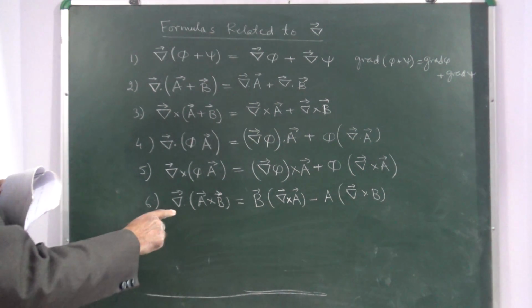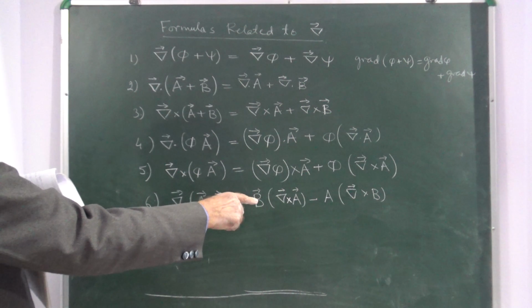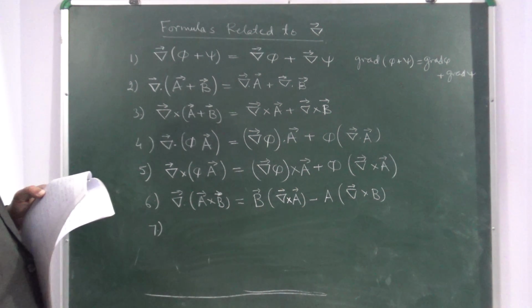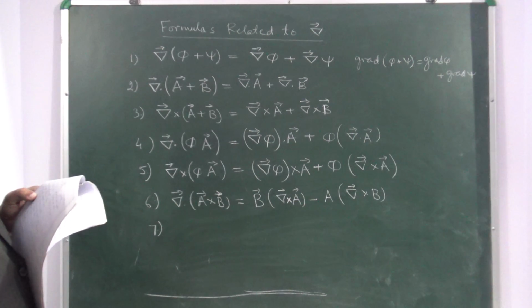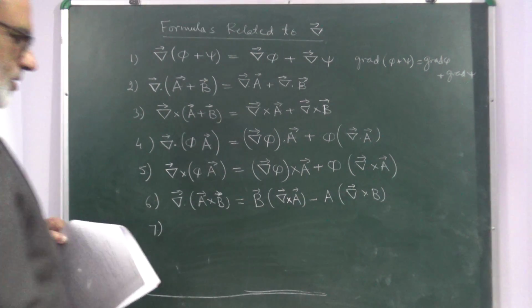It's just like in vectors where we have A dot B cross C is equal to B A cross C minus C A cross B. There is some symmetry like this.